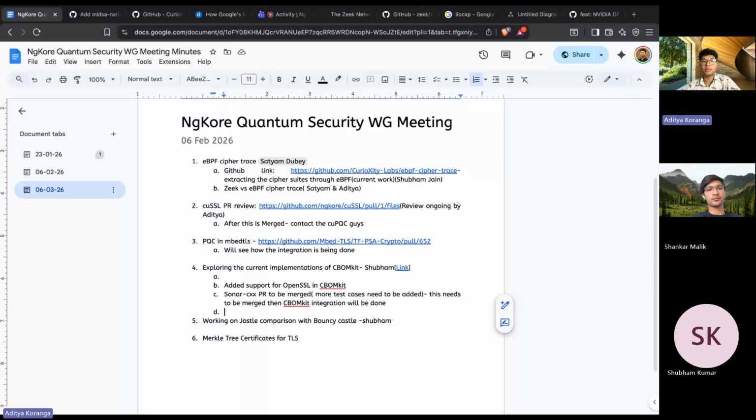So what do you think? Which one is better, SonarQube or the CBOM kit library? I haven't tried SonarQube yet, but I read one blog. The SonarQube platform has a good user interface, so I guess SonarQube may be much better, but I'm not 100% sure. This is just a conjecture.